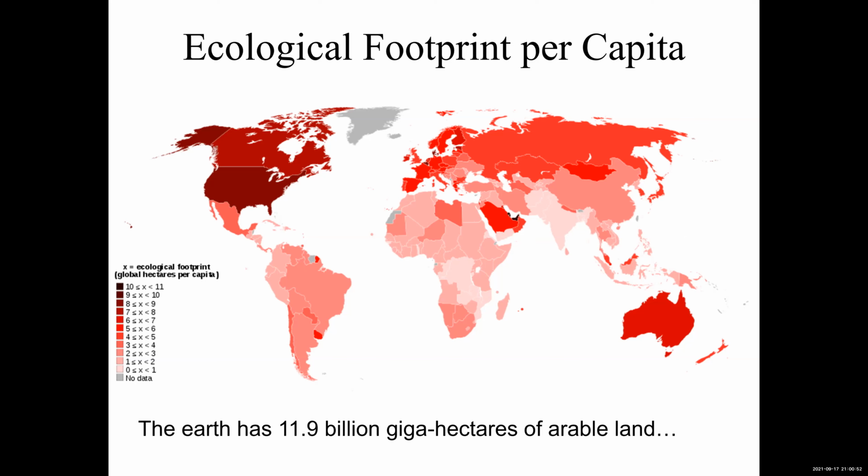So based on development, there is a very different amount of resource use. We think about it just as food. The total amount of food that can be produced on the arable land, which is land that is useful for farming, is 11.9 billion gigahectares, right? That's something that we can't increase much beyond what it already is, right? And so our ecological footprint per capita, per person, is higher in some countries and lower in others, right?